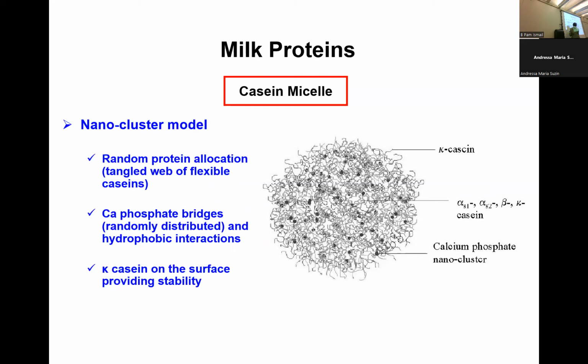And while there is some kappa casein in the middle, most of the kappa casein is on the surface due to that glycomacropeptide, the tail of the kappa casein that is glycosylated. That does not exclude it from being somewhere also in the middle, but mostly on the surface with a hair-like hydrophilic negatively charged segment that stabilizes the whole micelle in the milk.